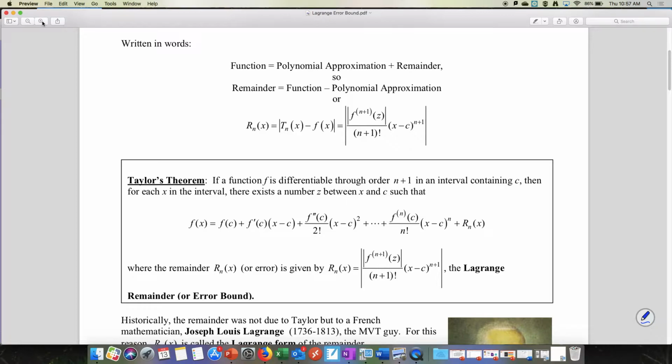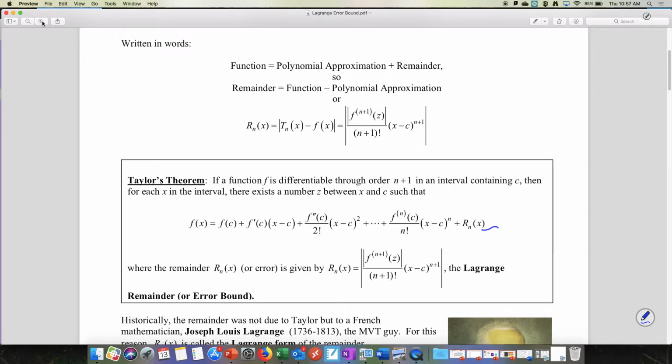Here is our function. It is the polynomial, so our Taylor polynomial plus some remainder. Now our remainder is always going to have this form. Now, what the heck is that z? That is bothering you.